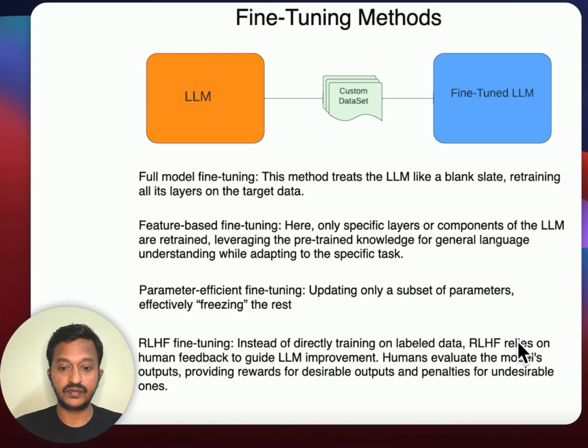So whenever it provides desirable outputs, they will reward it, and whenever there are undesirable ones, there are some penalties. So that's how a model can easily understand, yeah, I need to produce proper output. So in RLHF fine tuning, a human is basically involved.